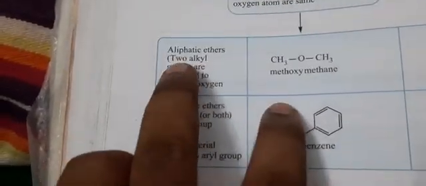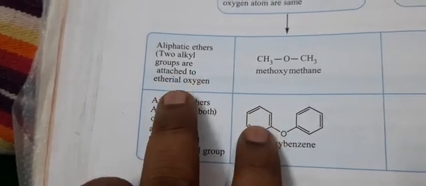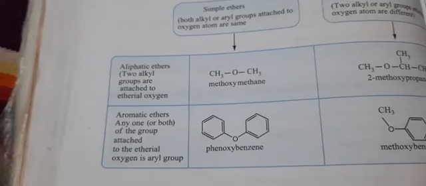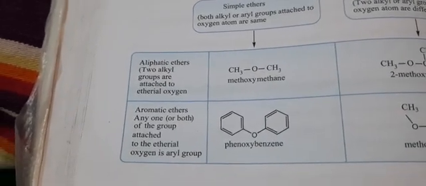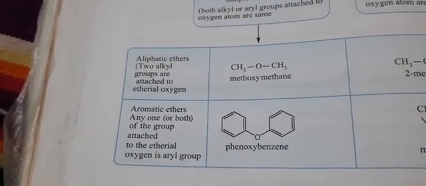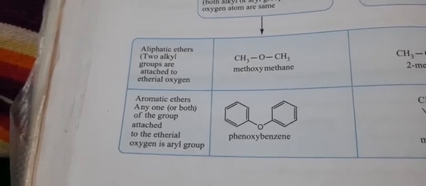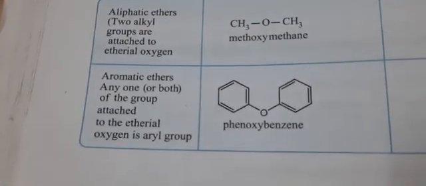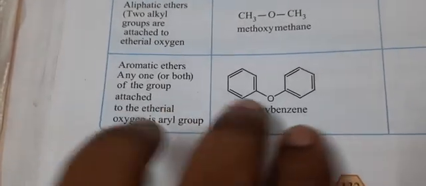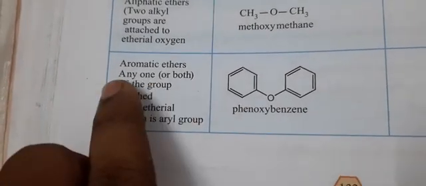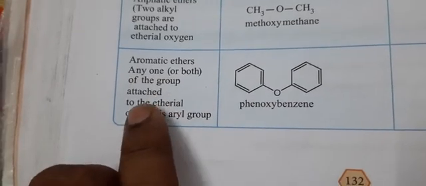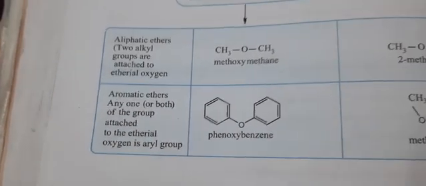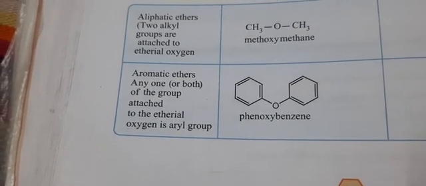If two alkyl groups are attached to the oxygen, that is called an aliphatic ether. Second one, aromatic ether: any one or both of the groups attached to the ethereal oxygen is an aryl group.